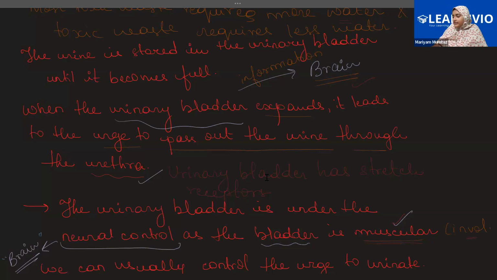Basically, this question tells us that during the summertime, there is a lesser amount of urine produced compared to other seasons, right? Now, the reason is that during the summers, our body requires much more water, because of the heat, because of constant perspiration. Perspiration means sweating. In the summertime, we sweat a lot, so a lot of water loss takes place through that.